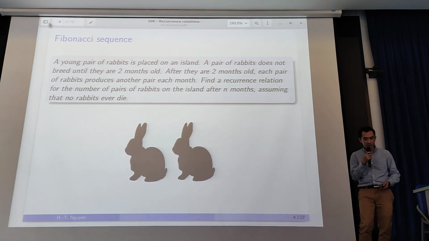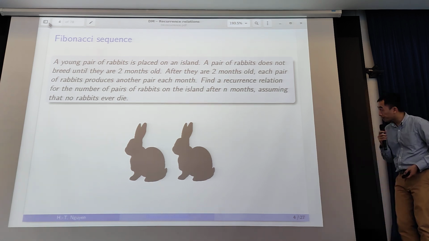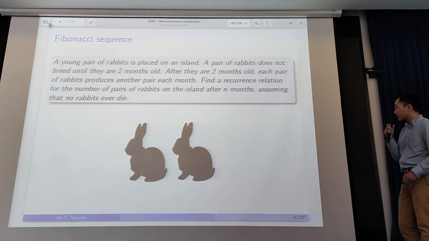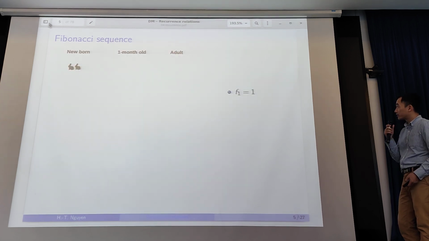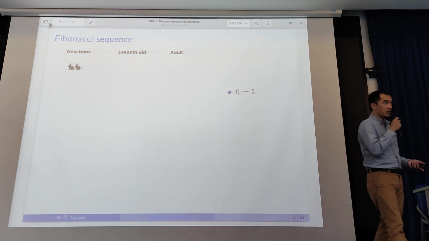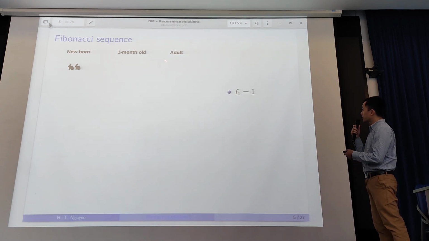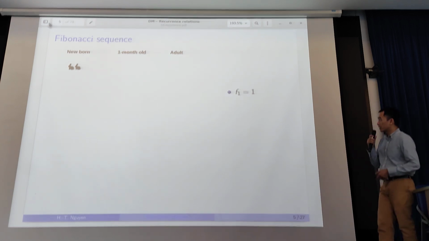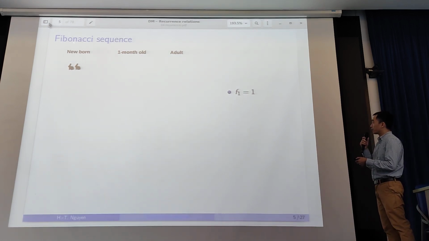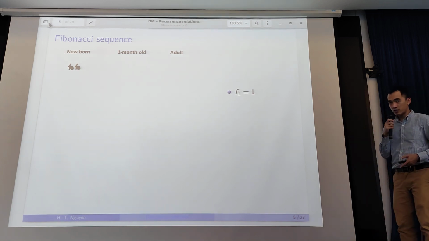n being an integer? Now, as usual, we will look at some initial values. Here, for convenience, since the rabbits do not reproduce until 2 months, I create 3 columns corresponding to the age of the rabbits.